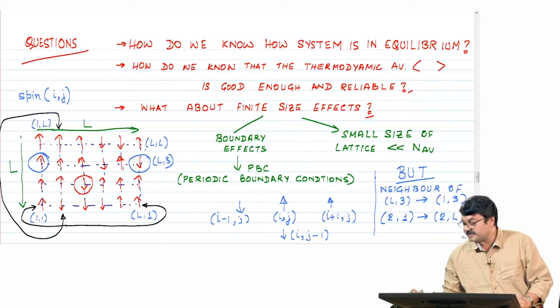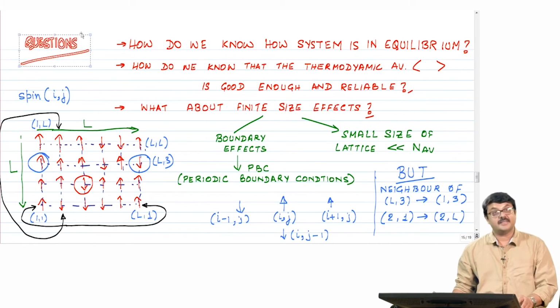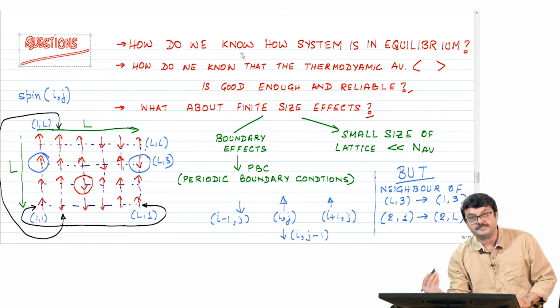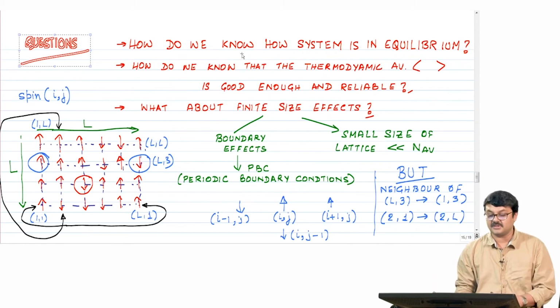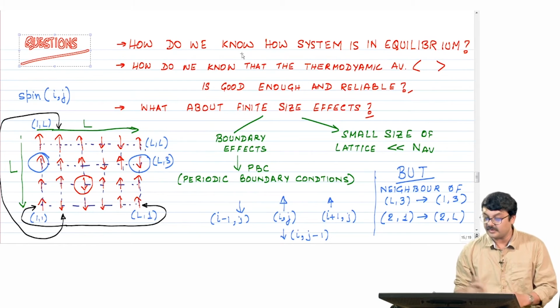Having discussed this, you should immediately have quite a few questions, such as how do we know that the system is in equilibrium. You have a lattice, you are generating different microstates as per your Metropolis algorithm. When do we know that the system is in equilibrium?